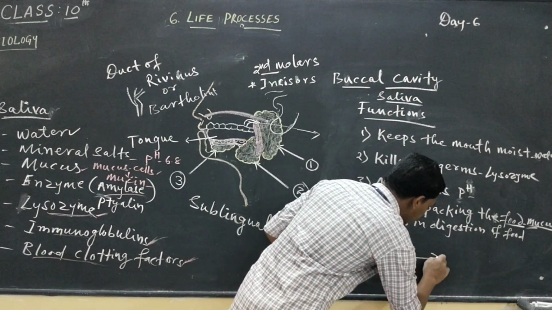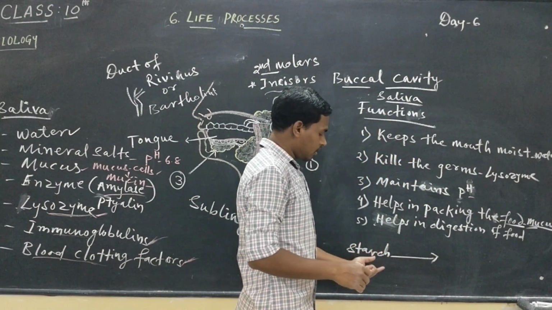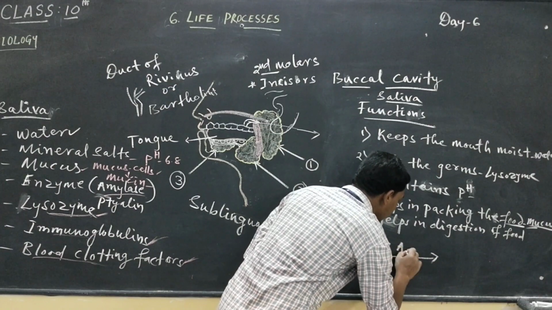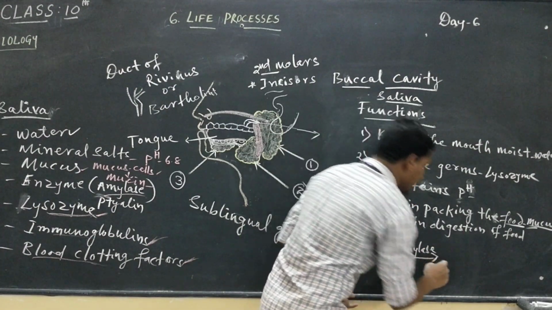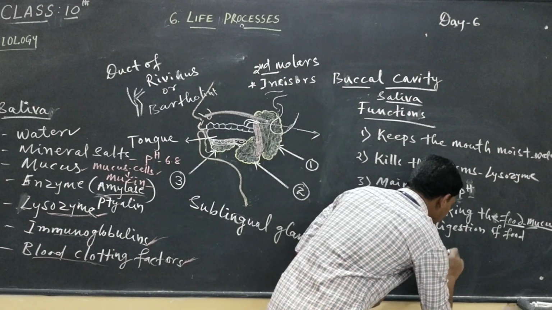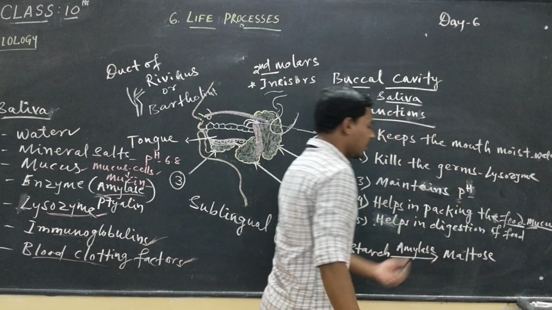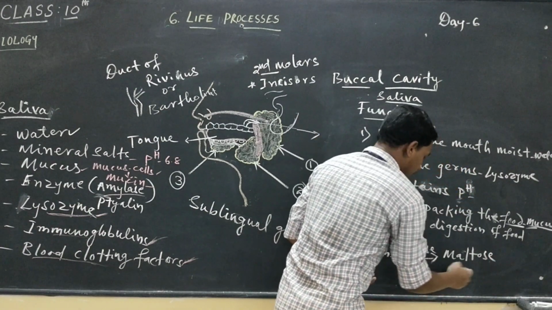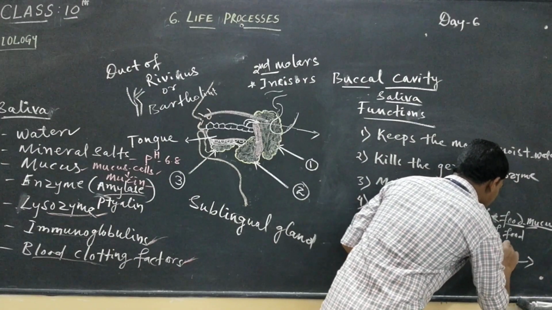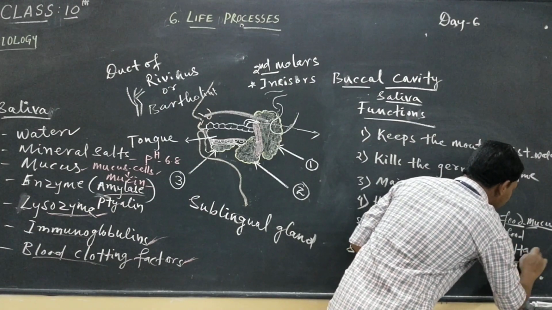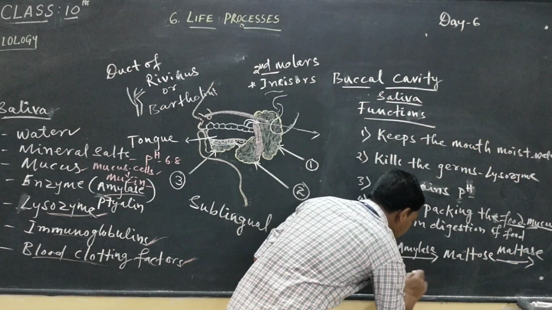That starch is broken down and made into a simpler form of sugar, maltose, by the help of the enzyme amylase. Then maltase acts on maltose to make it glucose.